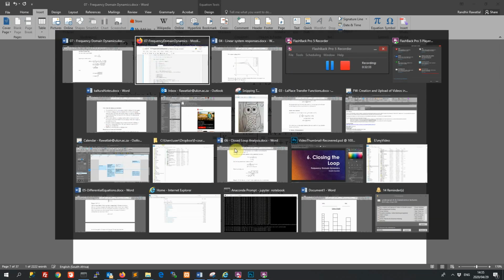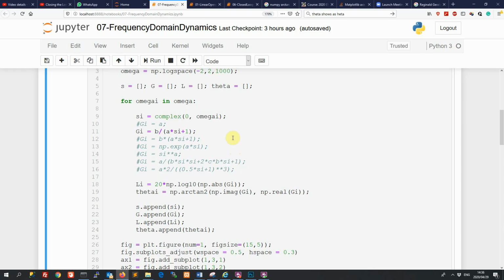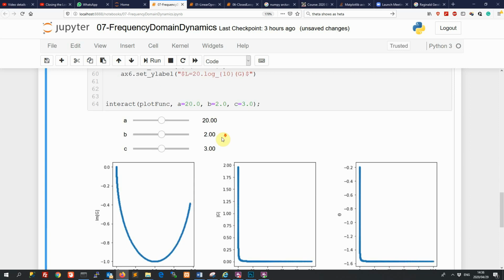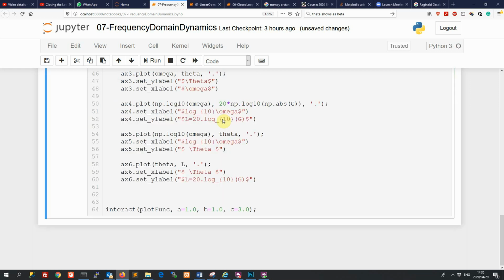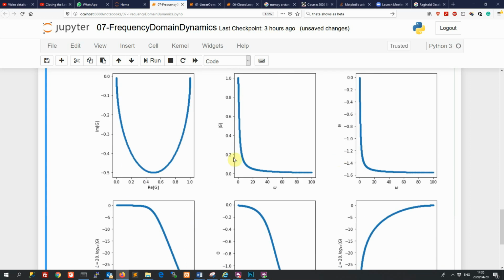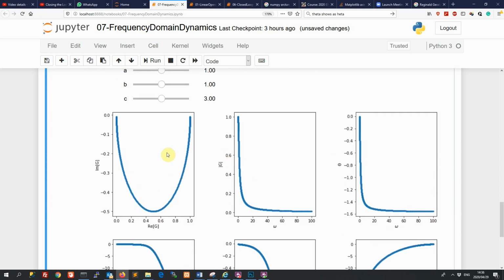And let's see what that looks like. So we've applied that there. We run this. And you can see here, okay, let's not use distracting values. I'm just going to use 1s for A and B. C doesn't feature at all. So it looks like this, right?